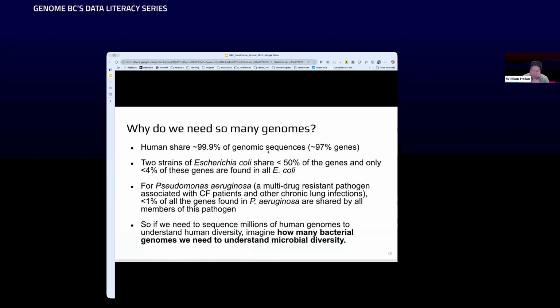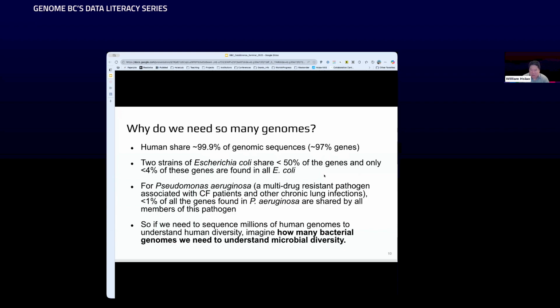So if we compare the pathogen genomes to human genome, humans share 99.9% of the genomic sequences and roughly 97% of the genes with each other. If you compare that to two strains of E. coli, they only share less than 50% of the genes, and only 4% of all the genes found in any E. coli are found in all E. coli.